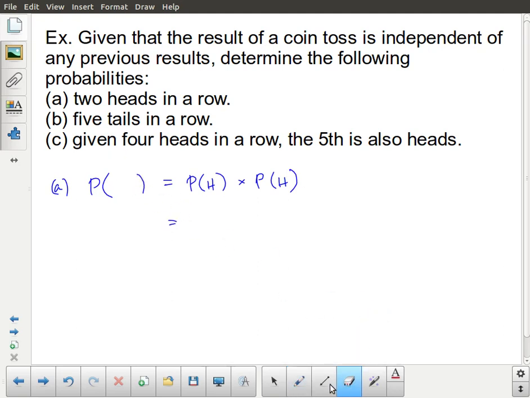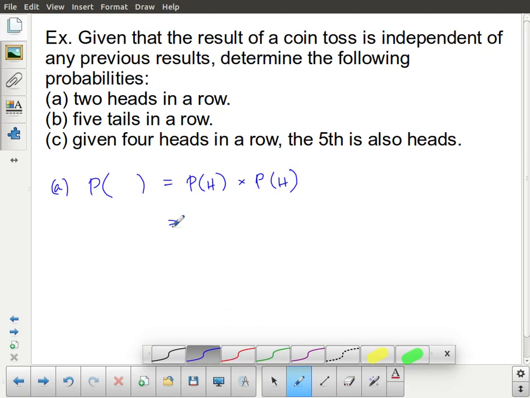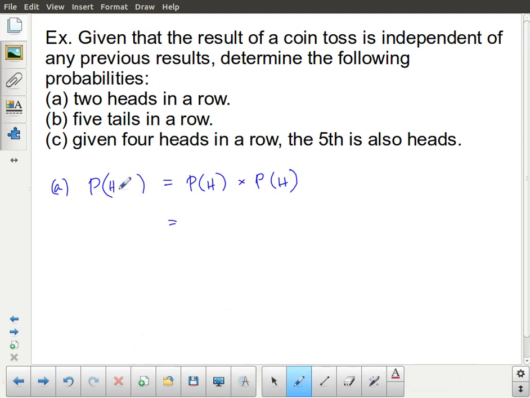Instead of writing it as 2 heads, how about we say the probability of getting heads and heads, meaning there's actually 2 of them in total, 2 flips in total. Well, we know that the probability of flipping heads is 1/2, and if we run this independent trial 2 times, I end up with a probability of 1/4.